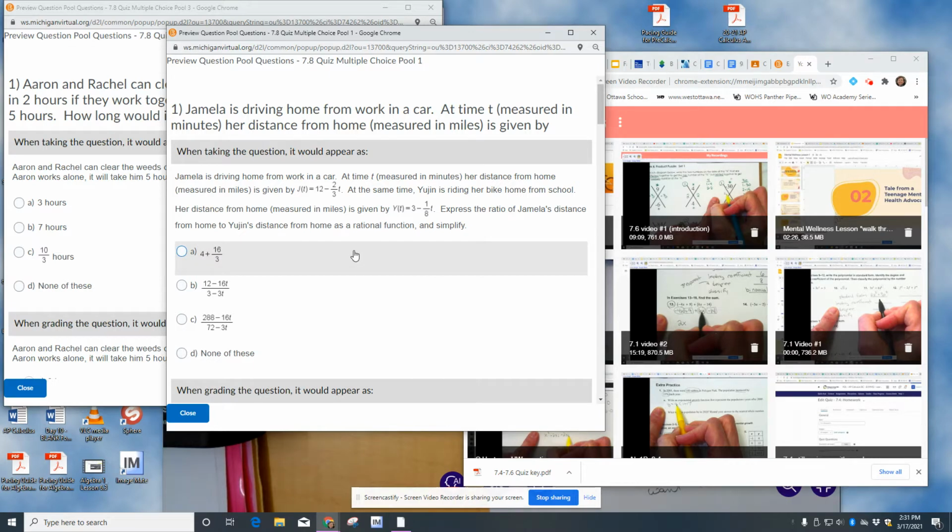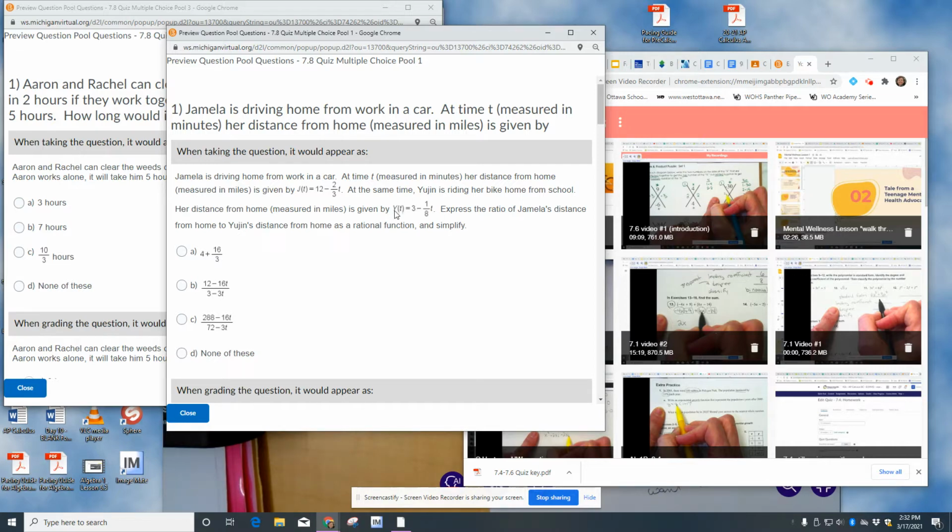The first problem that is on my screen is likely to be similar to the first one you'll encounter. So we have one person driving home from work, and this function measures their distance with time being the input, distance being the output, and then we're given another function for a different person.